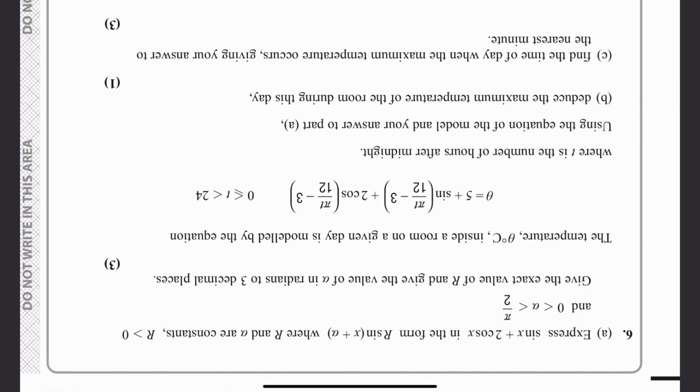Now we can say this. The temperature theta degrees C inside a room on a given day is modeled by that equation, where t is the number of hours after midnight.